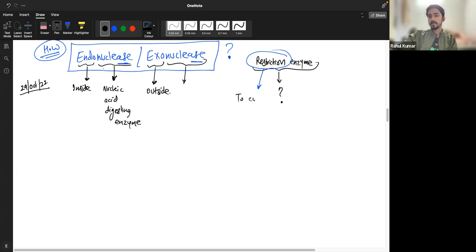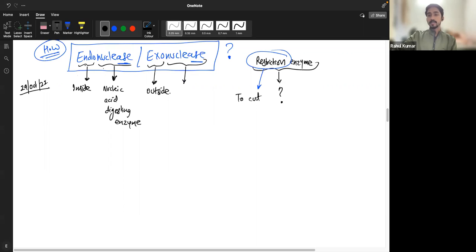To restrict or to cut, right? To cut someone away from something. Like if I cut down your social life and do not allow you to meet your friends, I'm putting a restriction on you, right? Restriction basically means to not allow anything to happen. So endonuclease and exonuclease, both of these are enzymes which cut the DNA.